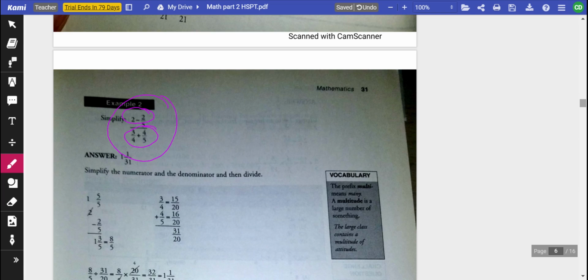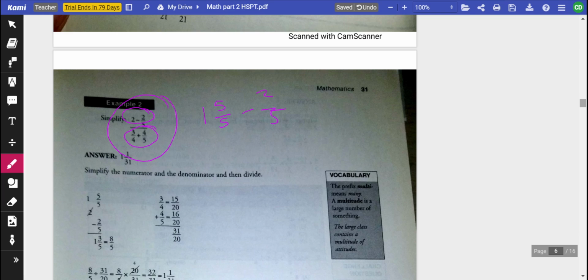So I have 2 minus 2/5. So I'm just going to change one of my fifths. So I have 1 and 5/5. I'm changing it into fifths so I can do some math with it. And minus 2/5. So it's almost like I took, let's say it's $2.